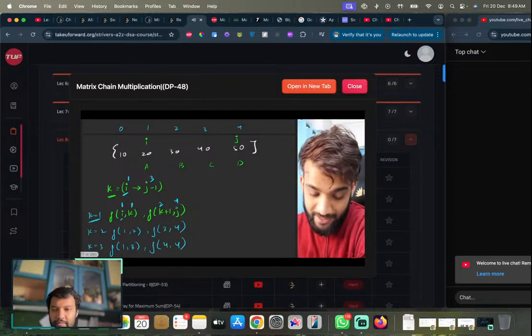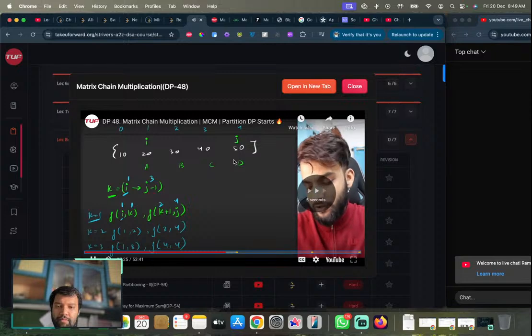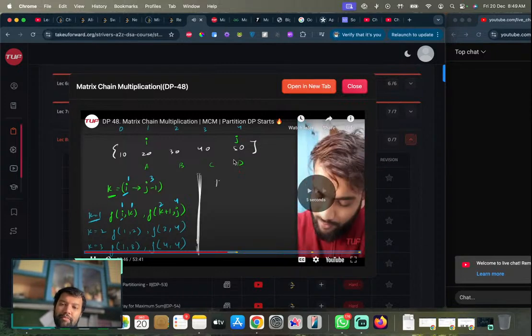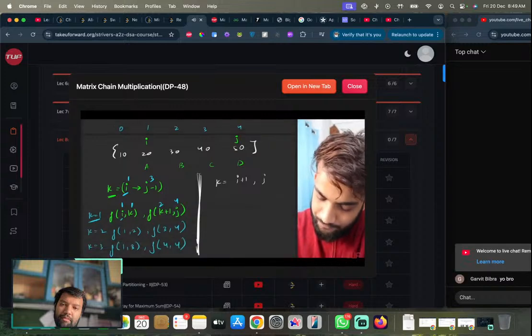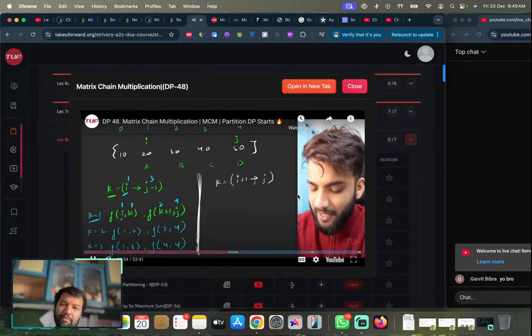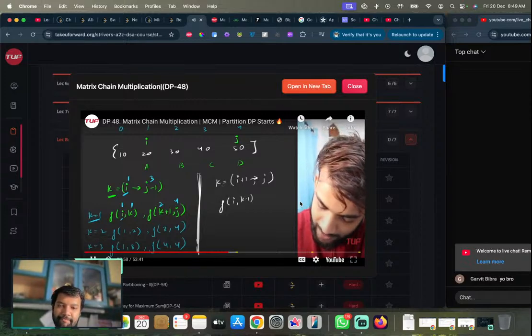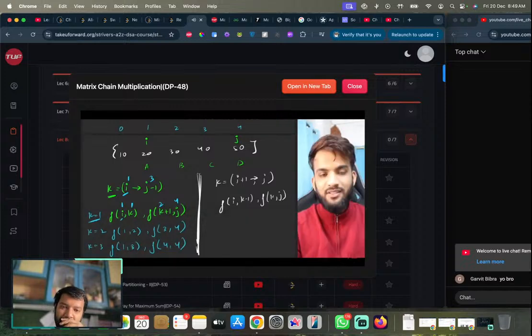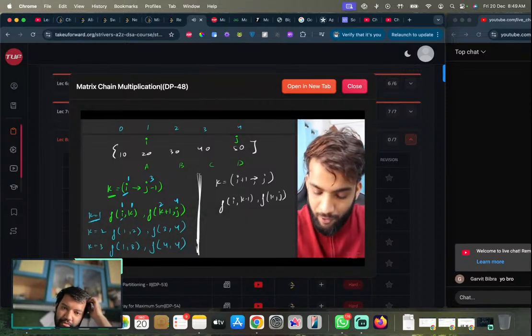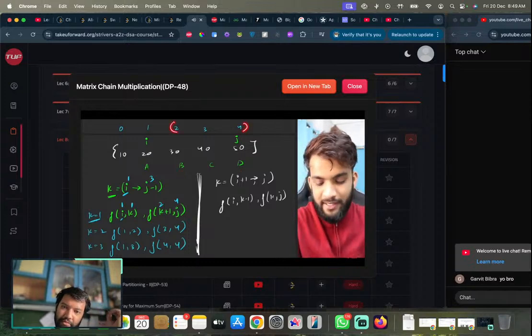Does that make sense? I'm basically trying to have these. Alternatively, I can do k equal to I plus 1 to j. If you do this, then the partition will be I to k minus 1 and k to j. If you're running the loop from 2 to 4, then let's see what happens.